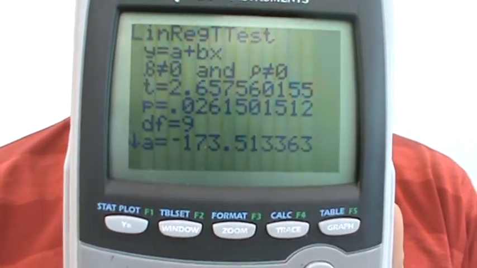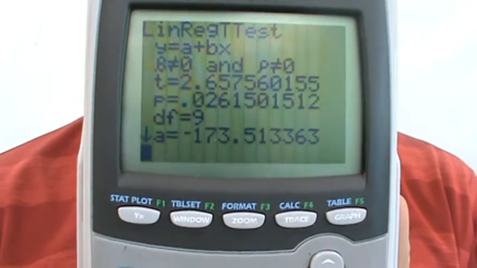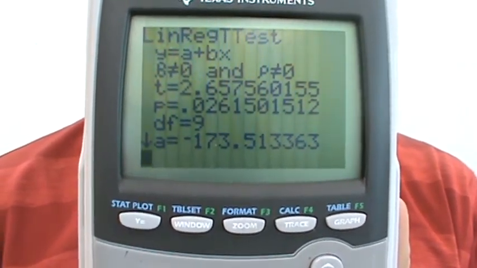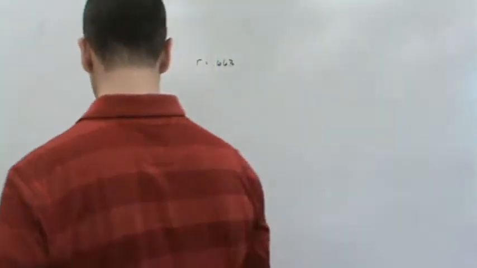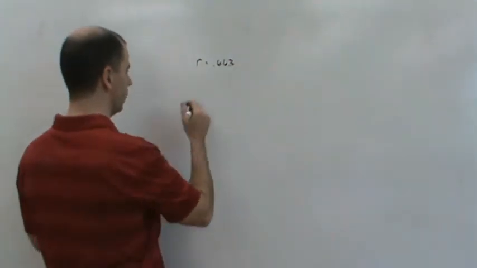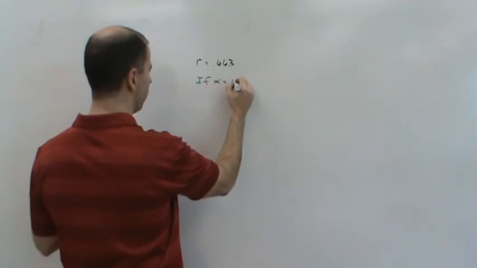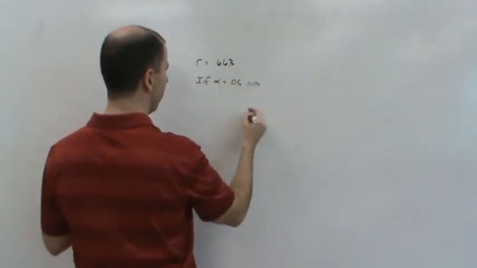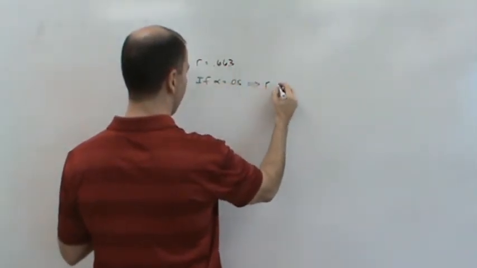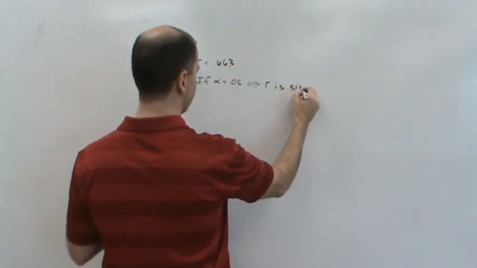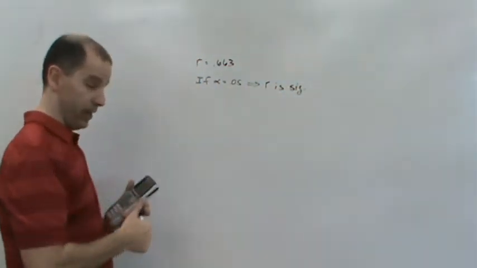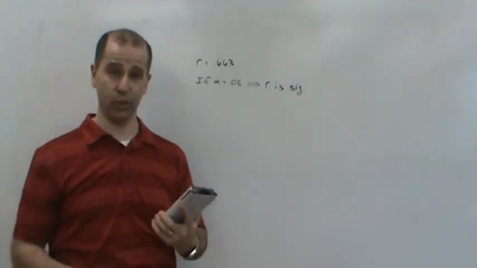So in this case, if my alpha is 0.05, then I have a significant correlation. So that's great. So if alpha is equal to 0.05, then R is significant. Great.